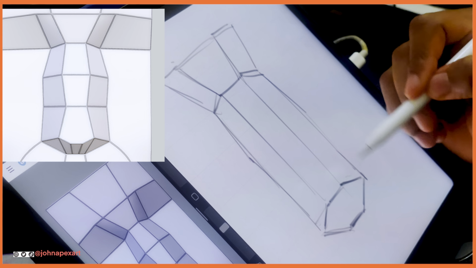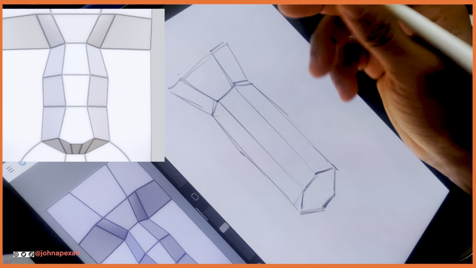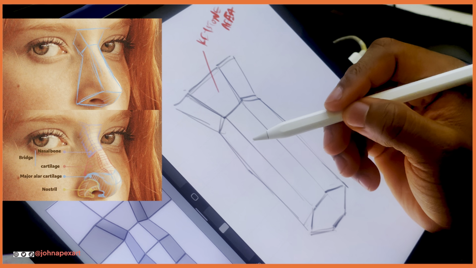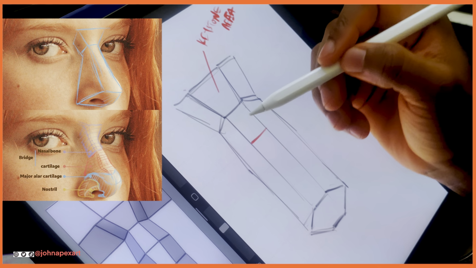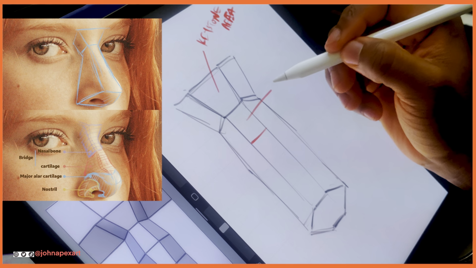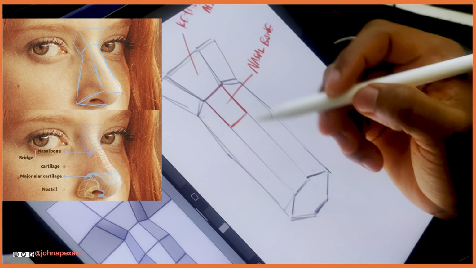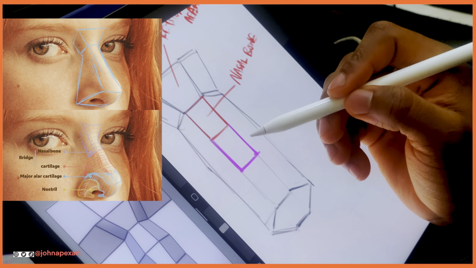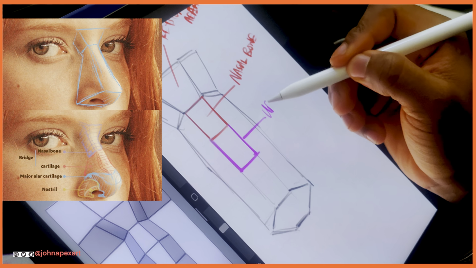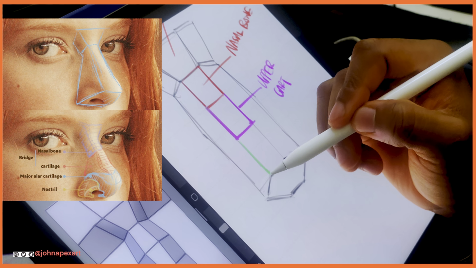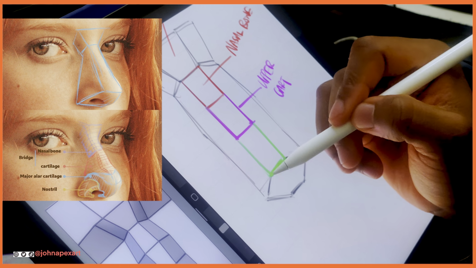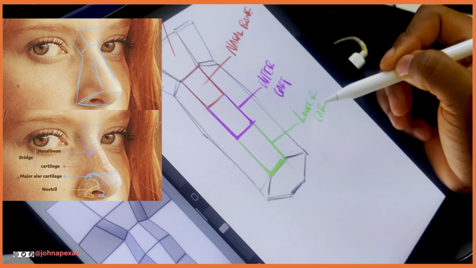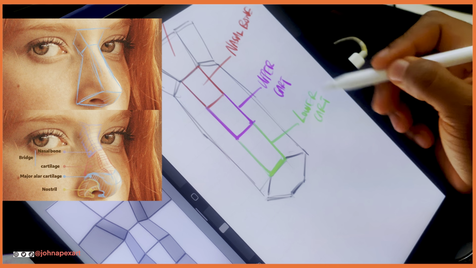So over here we have our keystone area, and then this second plane over here is the nasal bone. The next plane represents the upper cartilage, and then this plane represents the lower cartilage, or some people call it the ball.